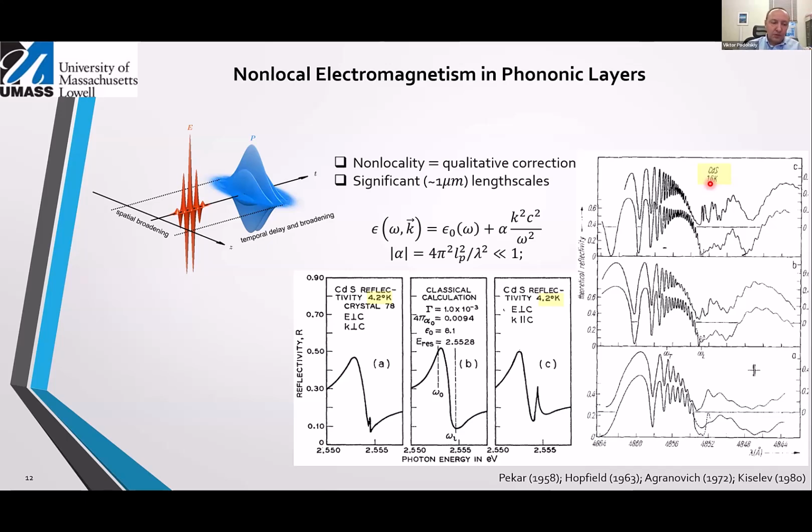So this is the story up until now. We have quantitative corrections to the response of isolated nanoparticles, and we have qualitative corrections to the response of macroscopic crystals. So the goal of the remaining part of my talk is to put the two and two together and analyze what would happen if you build a composite from non-local components.